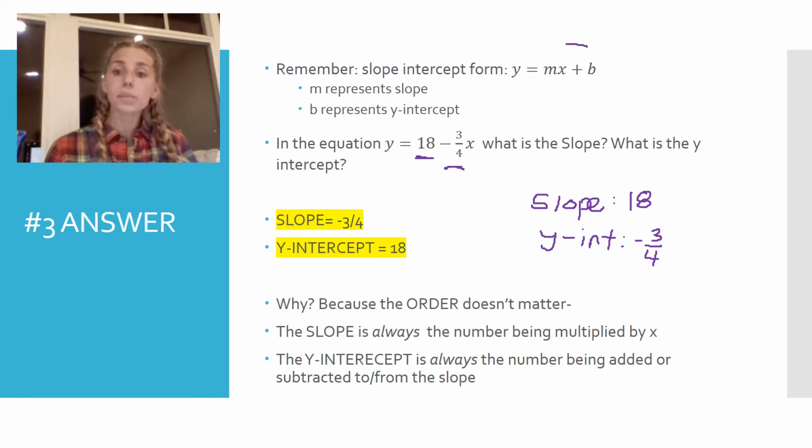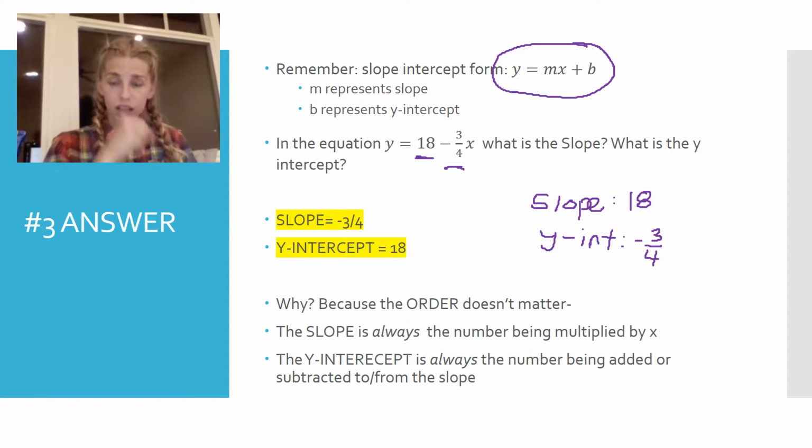Y equals mx plus b is a form for the slope-intercept equation. And it's very important that we recognize that m is being multiplied by x. So our slope, since m represents the slope, our slope is the number that's being multiplied by x when the equation is in this form.